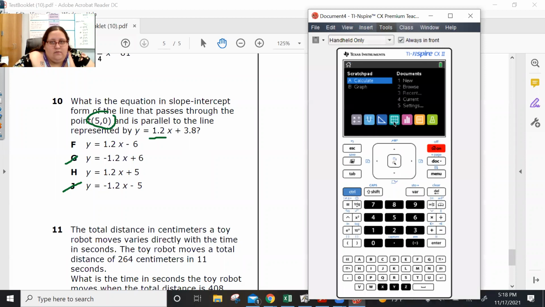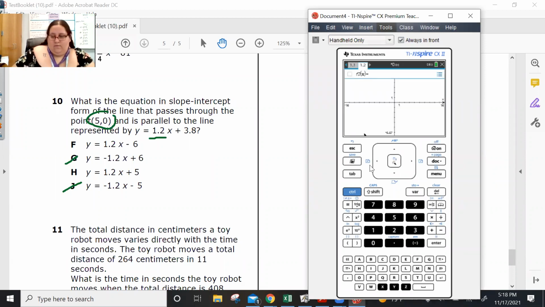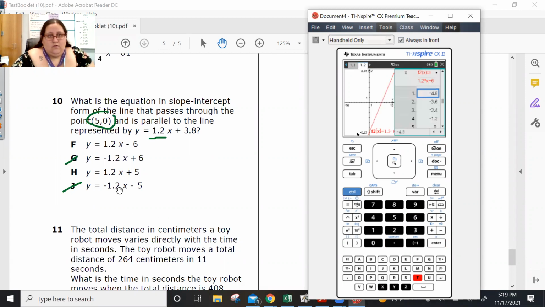So we're going to graph this one again. Graph screen. We have 1.2x minus 6. Enter. And then we're going to hit Control T. We're looking for 5, 0. Oh, we got it on the first try. So F.